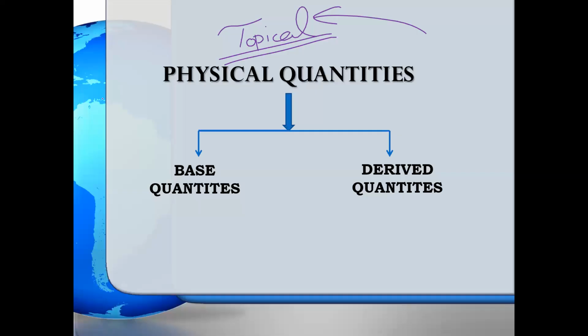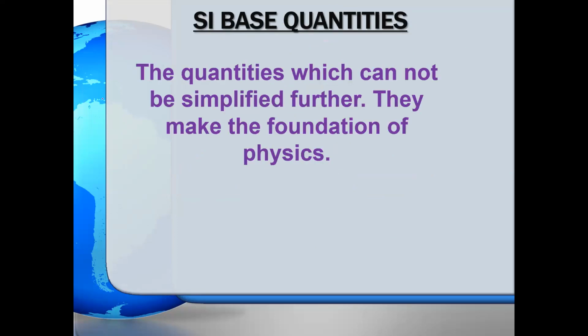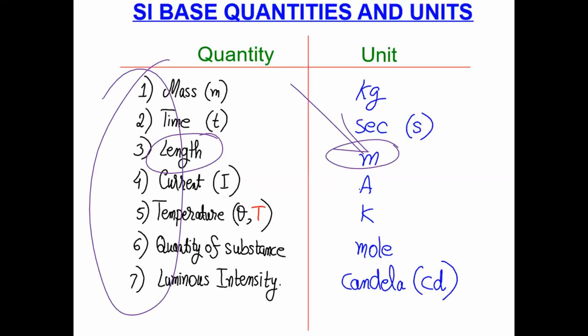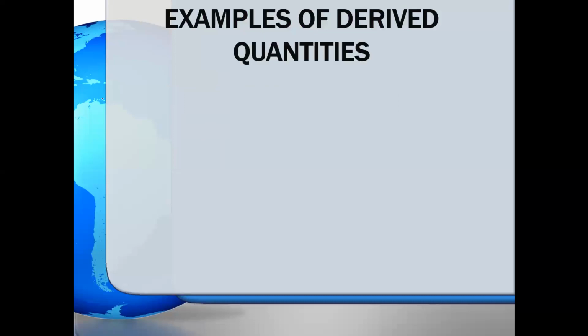Then we put a concept: there are two types of quantities, base quantities and derived quantities. Then we discussed the concept of SI base quantities. The base quantities are those which made the foundation, and these are the 7 base quantities. Derived quantities are those which are made from those base quantities.